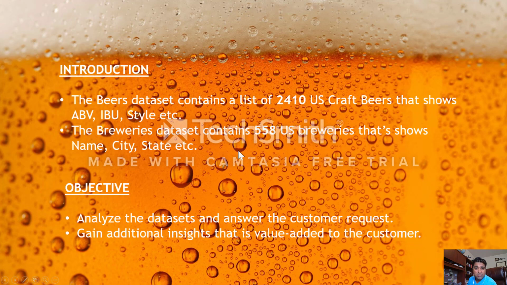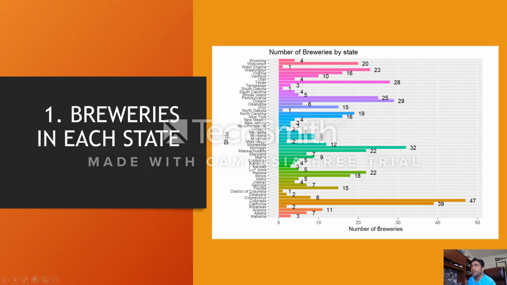So we're merging these two data sets and analyzing them to find out if we can gain any understanding, and also to answer all the customers' requests. We also wanted to find out if we can find any additional insights that might be value added to the customer. Okay, so next slide.